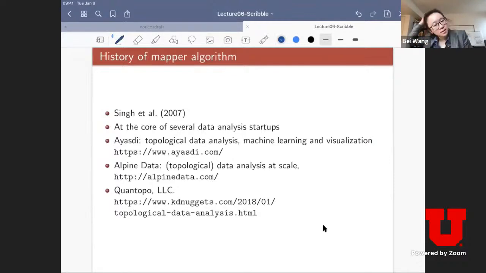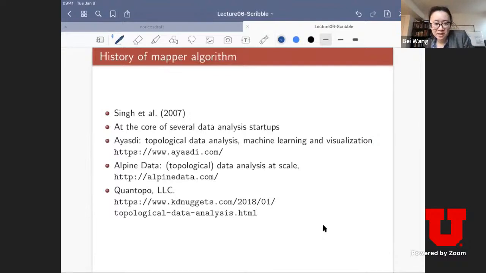Essentially, Ayasdi is founded by two of the authors of the original Mapper paper. It's at the core of the company's algorithm itself, combined with machine learning and visualization. And then there's also Ayasdi-like company Anyine Data, which a few years ago gave a talk about trying to do topological data analysis at scale.